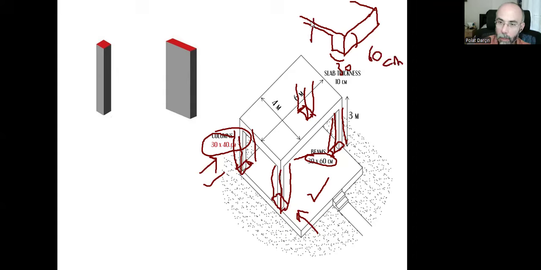And the thickness of the floor slab will be 10 centimeters. So these are my final decisions. Now it's a stronger building, a more stable building against earthquake loads.